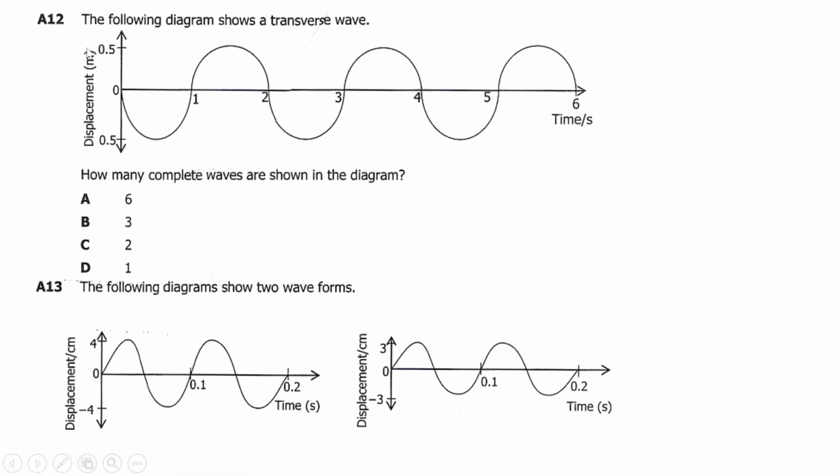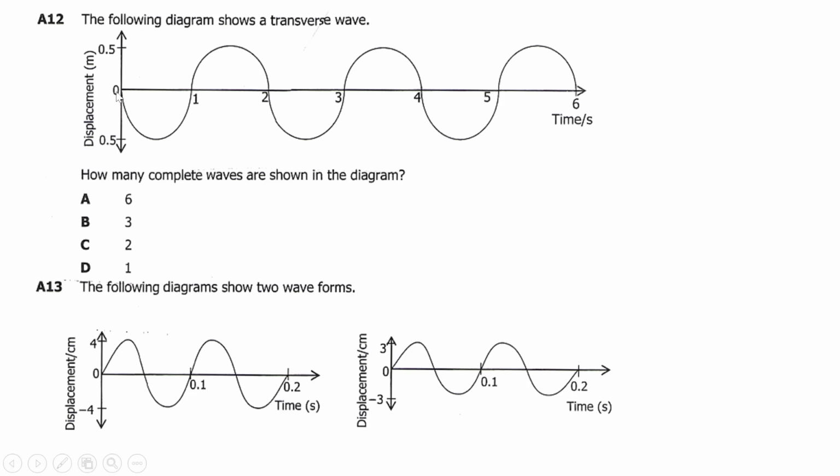If we move to A12, which says the following diagram shows a transverse wave. So this is a transverse wave with the vertical axis representing displacement and the horizontal axis representing time. Then the question says, how many complete waves are shown in the diagram? Okay, so you must understand that a complete wave is a wave that if it is connected, it makes a complete circle.